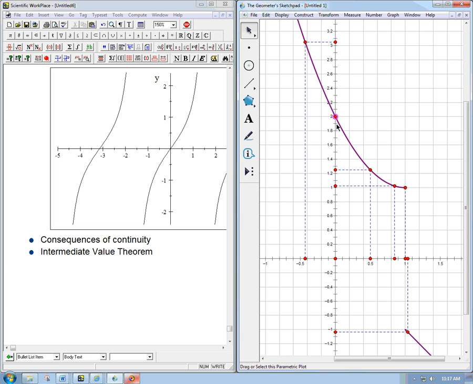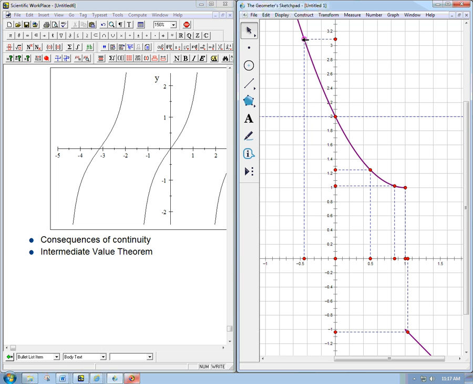I bet you I can get from here down to here and never go through that line. If somebody bets you that, you should take that bet, because they're not going to be able to do it. If it's a continuous function and I can go from here to here without lifting my pencil, then they're going to have to cross through that line.